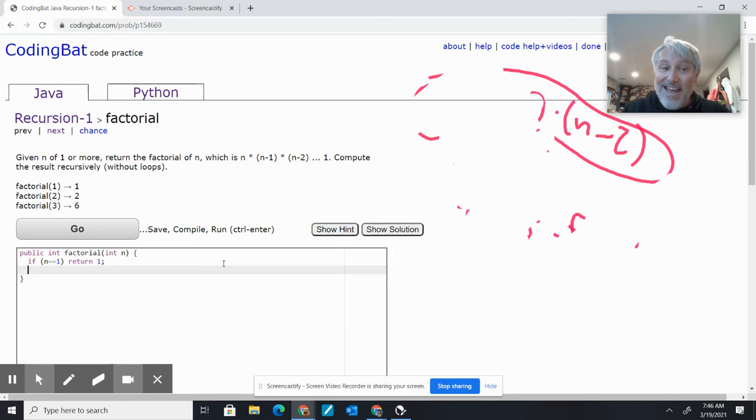And then if it's not, I'm going to return n times factorial of n minus 1. And you're like, wait, how does that work? Because you can't put something inside itself, but you can.